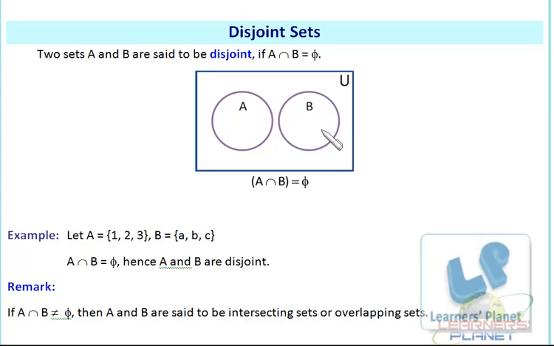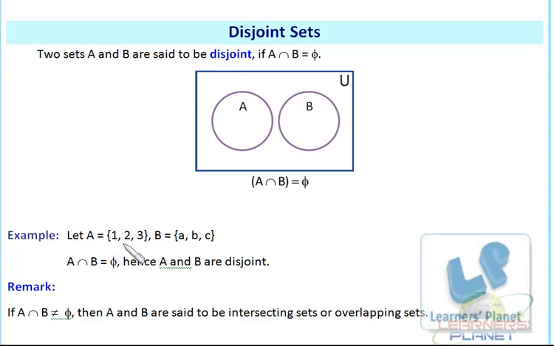If there is no intersection between these two circles, that means there are no common elements between the two sets. So A intersection B will be a null set. So we call two sets A and B to be disjoint if they don't have any common element, or A intersection B is null set or phi.